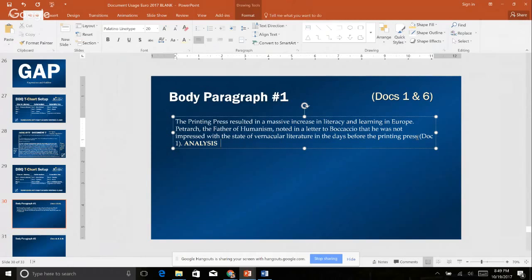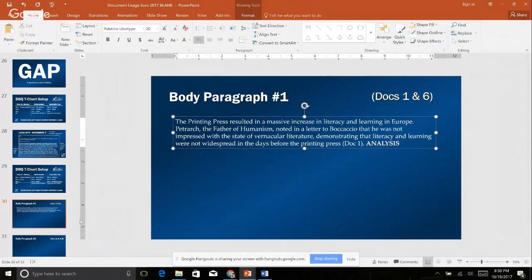So vernacular literature, and what I would note here, demonstrating that literacy and learning were not widespread in the days before the printing press. I would give some analysis there later on.